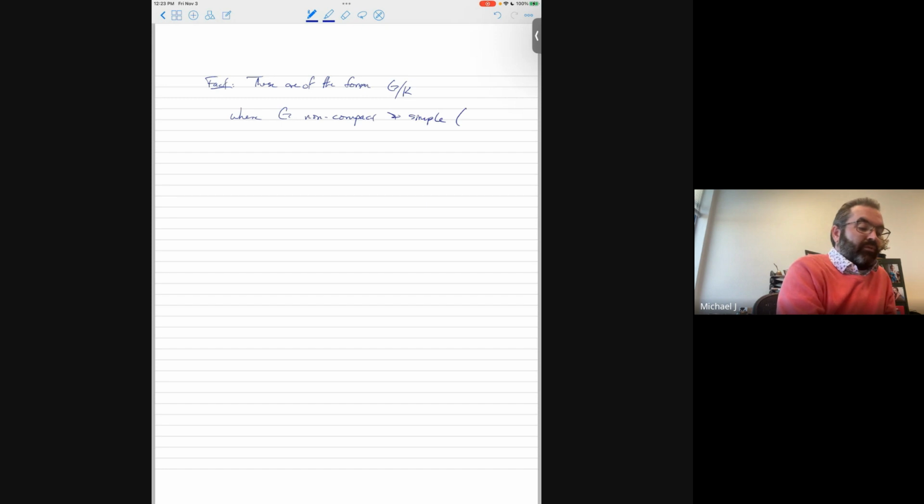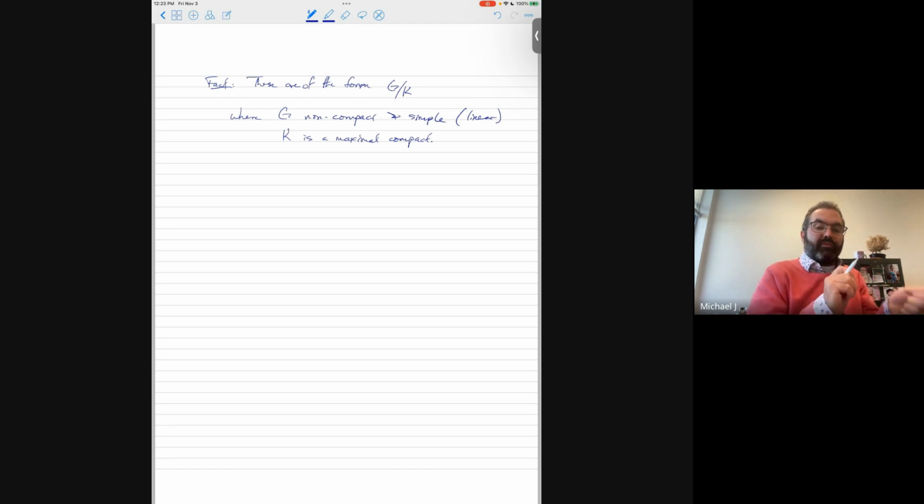And I'm gonna throw in the condition of linear. It's a small technical condition. You can throw it away just by quotienting by the center. So G is non-compact and simple, and then K is a maximal compact. And that's it. That's how you build all of these. And then if you wanted the compact ones, you could just do something that's called the dual procedure and easily build all the compact ones.